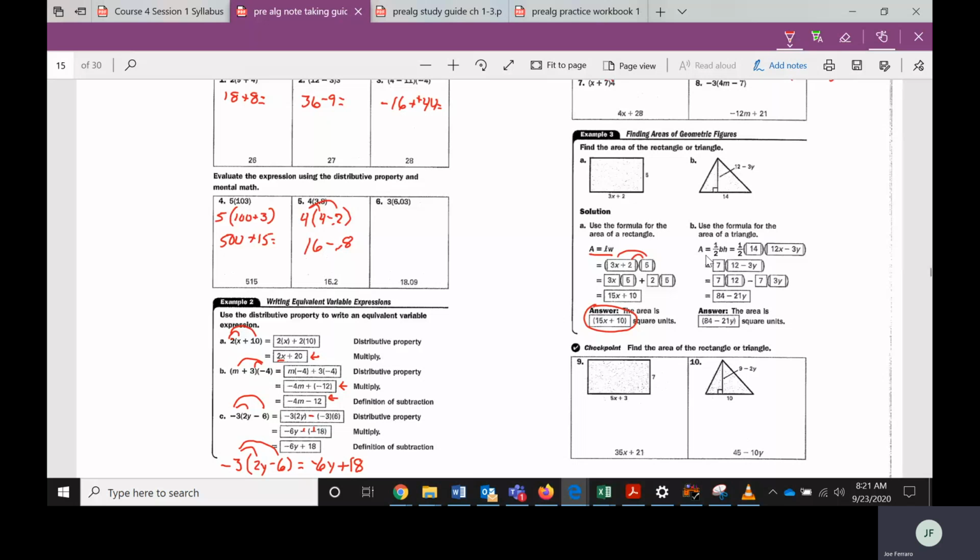This one's a little more tricky. Just make sure there's one extra thing here. Area of a triangle equals 1/2 base times height. Okay, so this 1/2 is part of the formula. We have the base is 14, the height is 12 minus 3y.